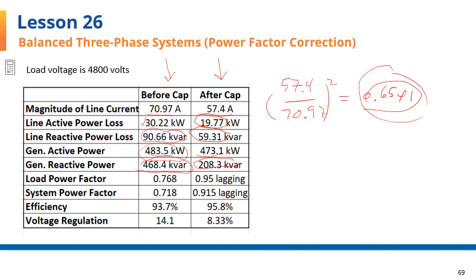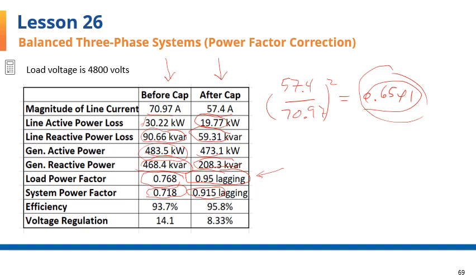The system power factor, well, the load power factor first, has gone up considerably from 0.768 to 0.95, and that was a design goal, to reach the 0.95 power factor lagging. And the system power factor has also gone up from 0.718 to 0.915.